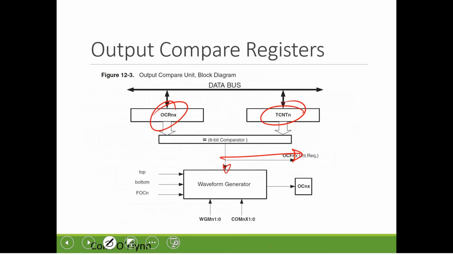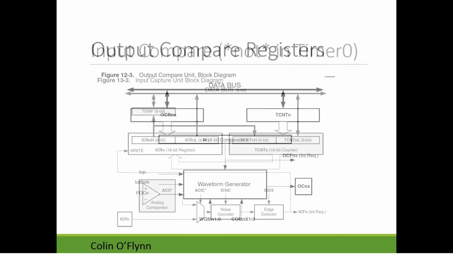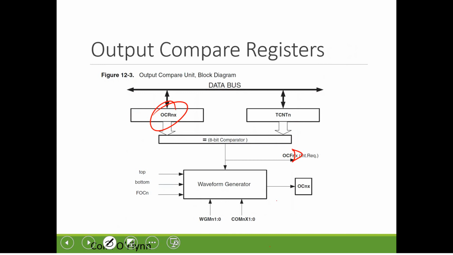This is also the basis for how the pulse width modulation works, which you can go through in one of the labs if you want a little more detail. The pulse width modulation stuff uses a whole separate block, which is this waveform generator block here. Very briefly, how that works is that we have our count.